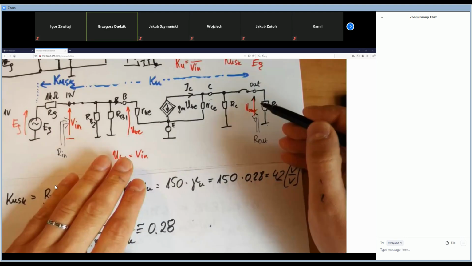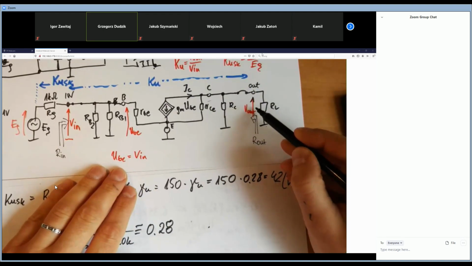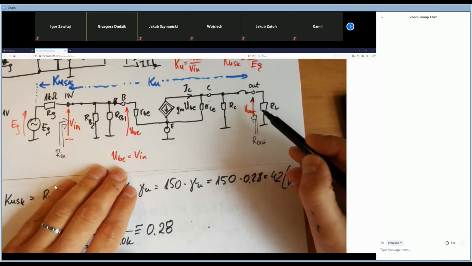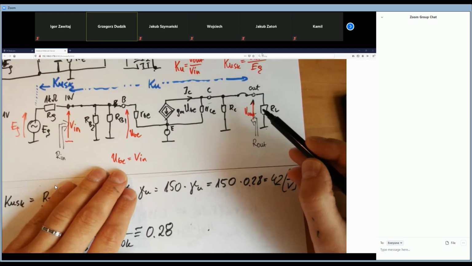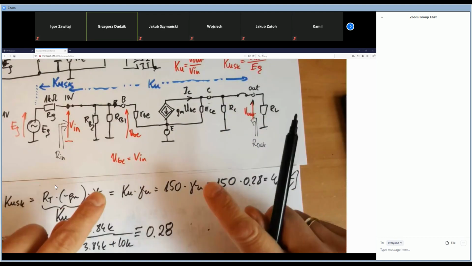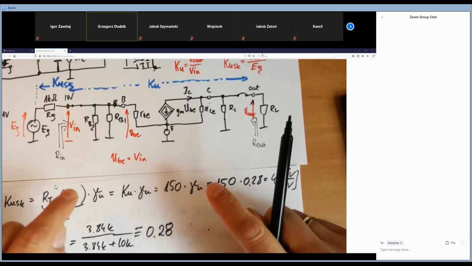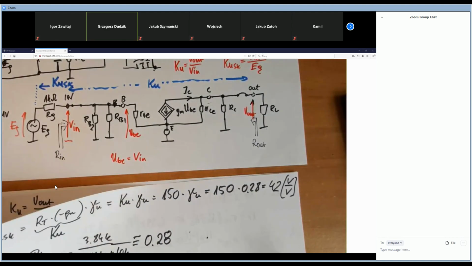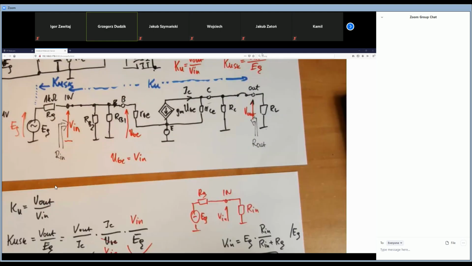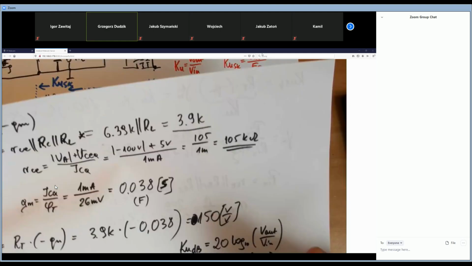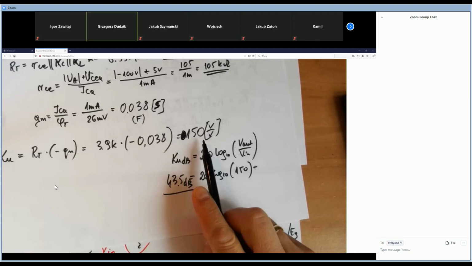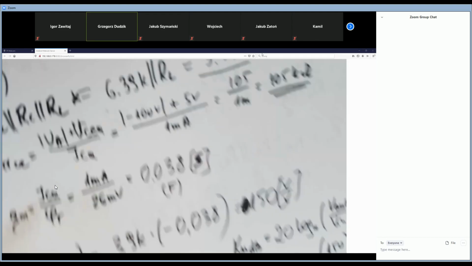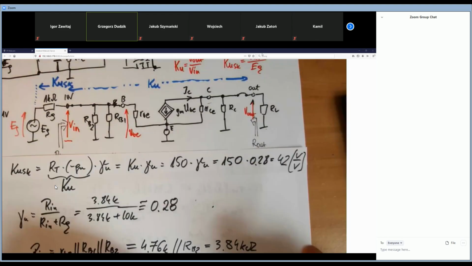So we'll have 42 volts. Do you see the differences? Look, the same amplifier has voltage gain equal to 150, but effective it is 42.